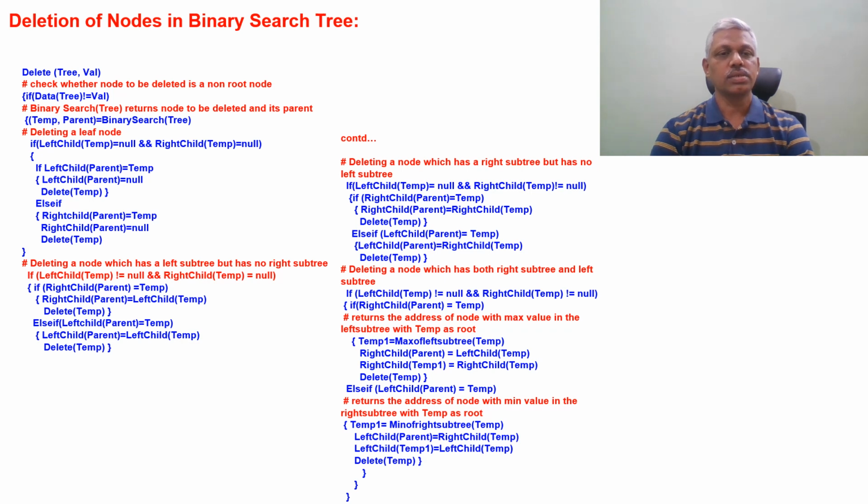The other case is deleting a node which has a left subtree but no right subtree. In this case, we simply need to replace the temp value in the parent node with the left child of the node. So we observe that left child of temp is not equal to null and right child is equal to null. Again we check whether temp is a left child or right child. If right child of parent is equal to temp, that means the node to be deleted is a right child of the parent.